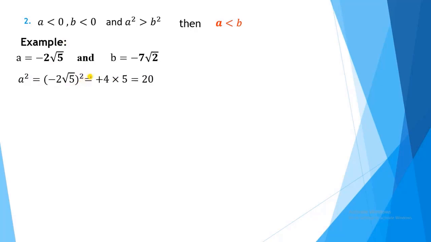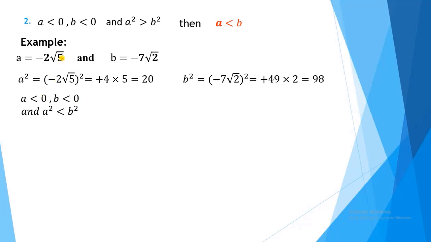This is an even power, so minus will become plus. The square of 2 is 4, times the square of radical 5, which is 5, gives 20. B squared, (minus 7 radical 2) squared, minus will be plus according to the even power. 7 squared gives 49, times radical 2 squared, which is 2, gives 98.